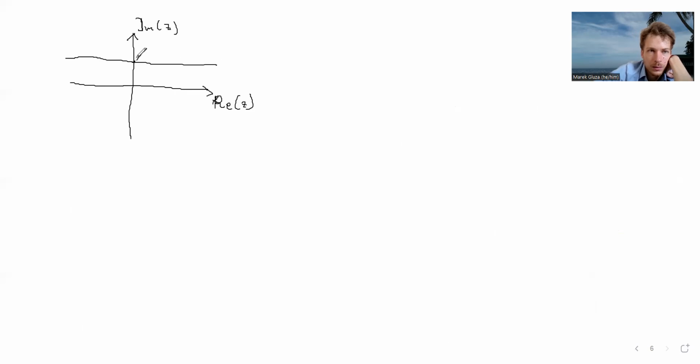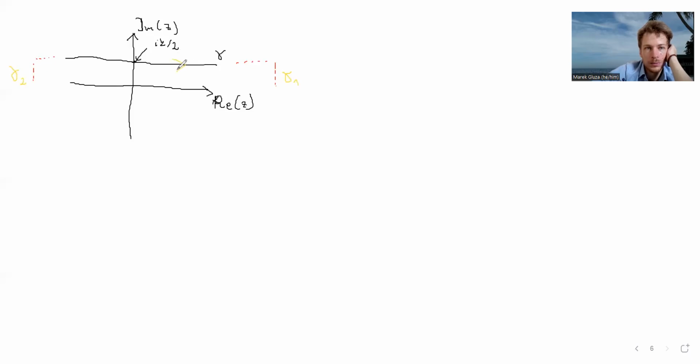This point here is i k over 2, and this path is my gamma. The next thing to do is to say that I can extend this integral until infinity, and at infinity drop down to add two more integrals, gamma 1, gamma 2.